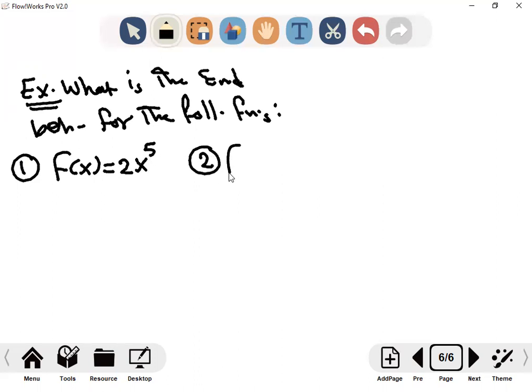Second, f of x equals negative 5x power 8. Okay? Done? Now, to know which case, you need to determine A and n. Is A positive or negative, is n odd or even. Let's start with question 1. No need to graph if you understand the 4 cases. No need to know the graph to know the end behavior. You can depend on the cases just to write the end behavior.